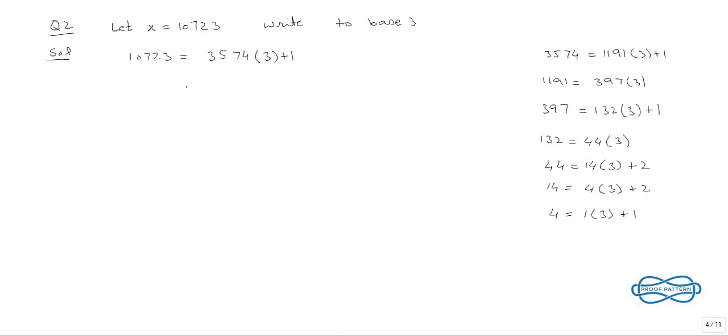So here we will replace the value of 3574. It will be plus 1, this one. Okay. And we will get 1191 into 3 square plus 3 to the power 1 plus 1. And now we will replace the value of 1191 from this expression.